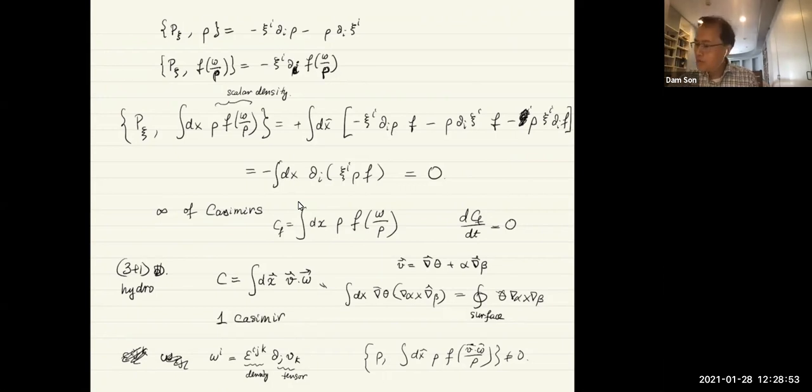So this helicity, for example, or in 2 dimensions the vorticity. The important thing in 2 dimensions would be when this function f is equal to x squared, so the integral of omega squared is conserved. If rho is constant, also for incompressible hydrodynamics, it's just the integral of omega squared.